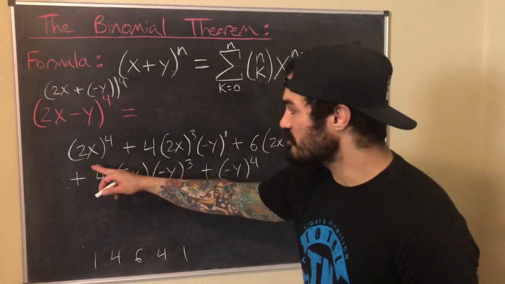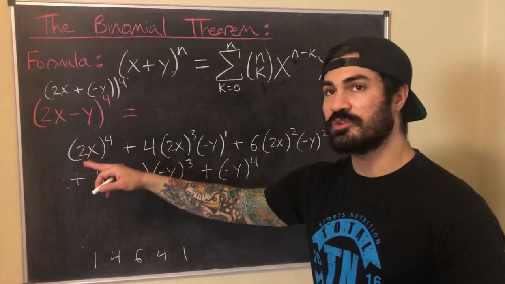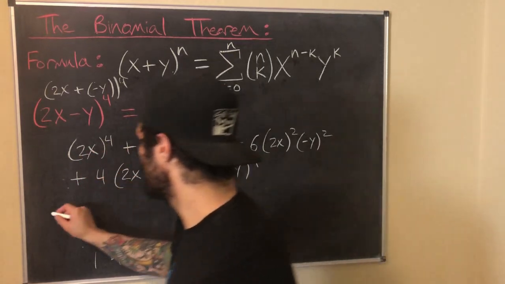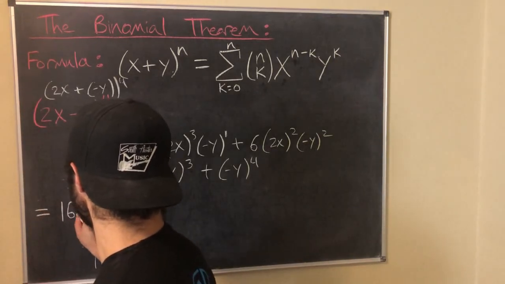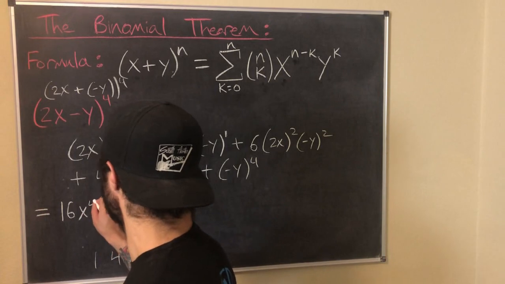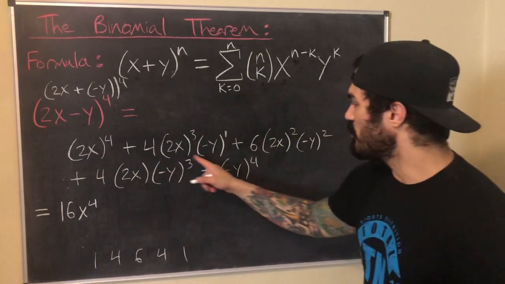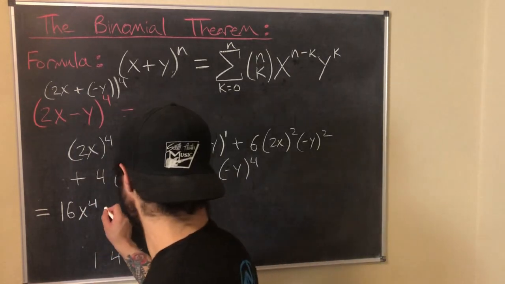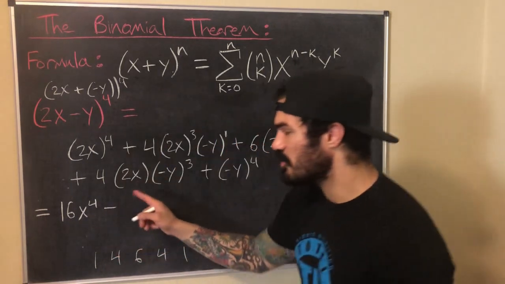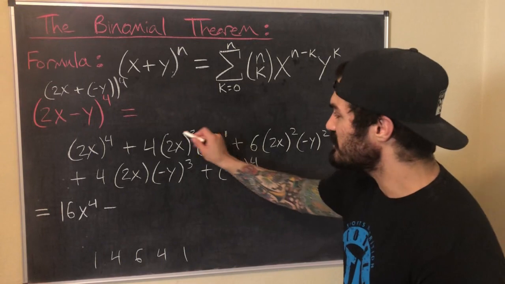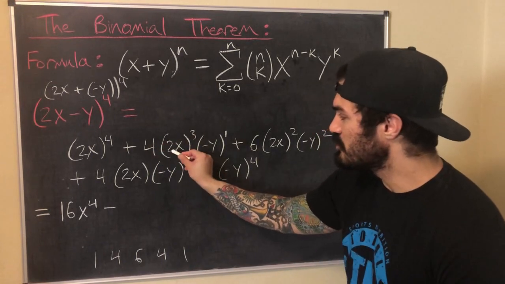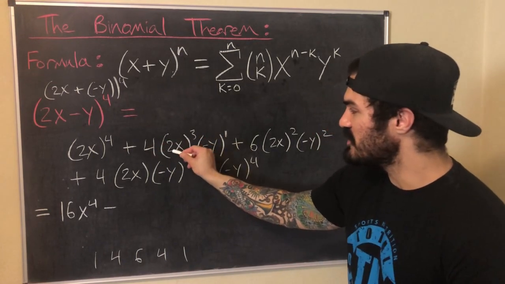So my first term is going to be 2 to the fourth, which is 16. Equals 16x to the fourth. That's my first term. And then remember, we need this minus. It's going to be a minus. And you could write a plus and then go back and erase. If you don't notice it right away, that's fine. But this minus is going to come out in front. 2 cubed is 8.